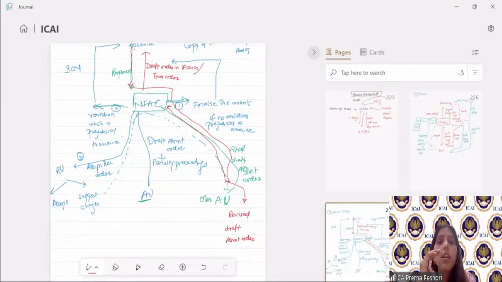Because as I said, if the commercial receipts of a charitable trust exceed 20% in 1 year itself, the trust's registration will not be withdrawn. But the AO will not give the exemption because the exemption is not allowed if the commercial receipts exceed the limit. So even if the registration is not withdrawn, the AO will still not give the exemption under Section 10(23C).